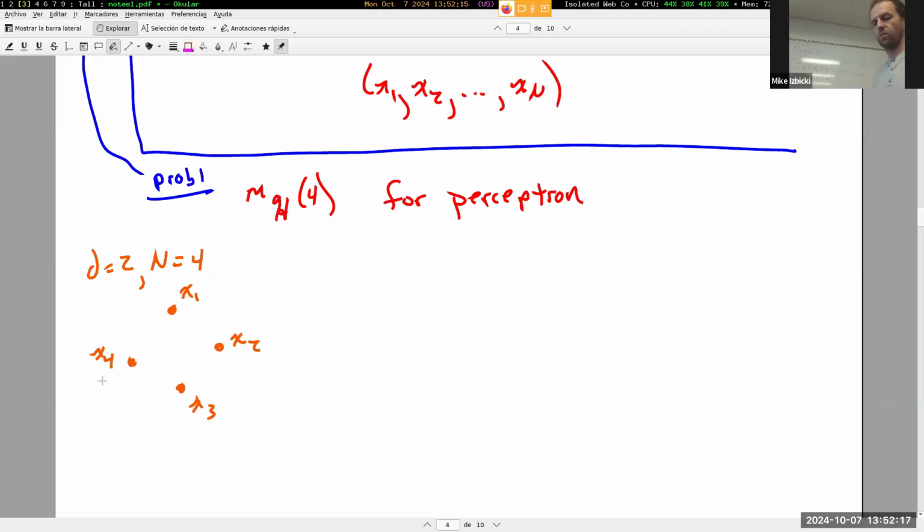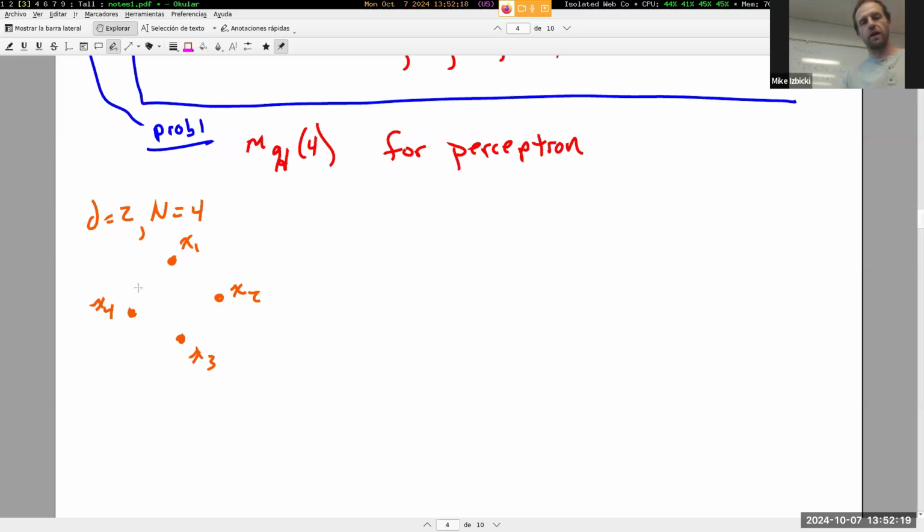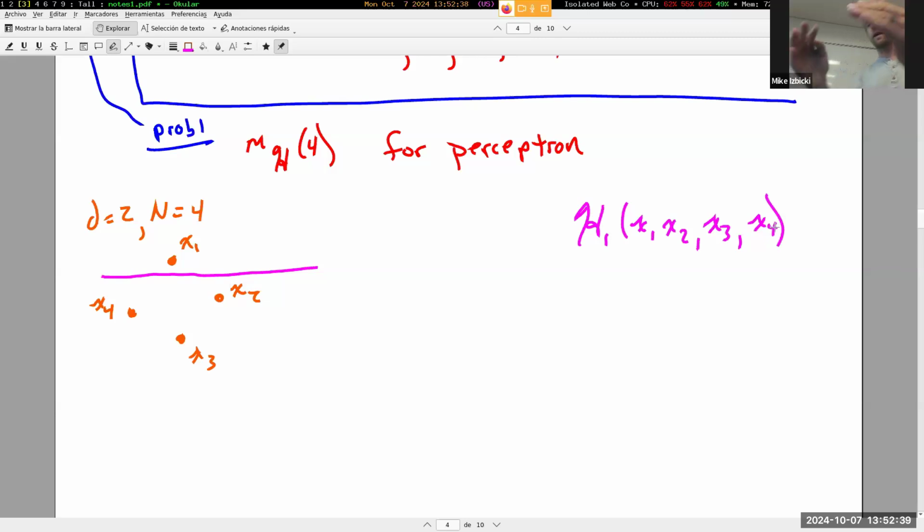And what is hopefully reasonable to convince yourself is that no matter where you draw straight lines through here, you won't be able to get the particular h here, h1, x1, x2, x3, x4. I don't want to write out all the possible combinations because that's a lot of them, but the things that you can't get are x1 and x3 being the same and x2 and x4 being different.